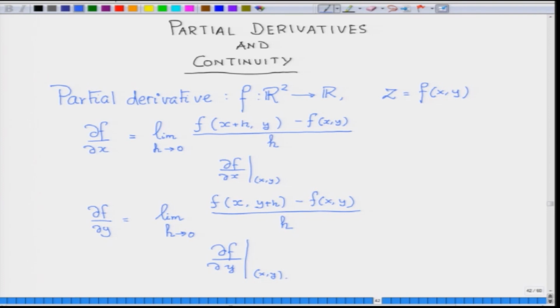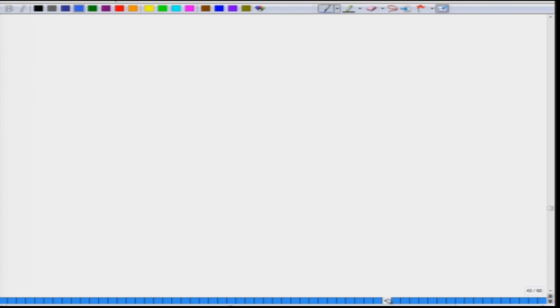I have just learnt about functions of two variables, but when you operate with it, for example, if I take f of x y is x square y plus sin y plus x cos y.